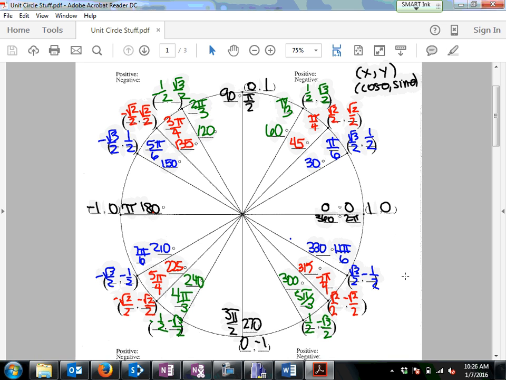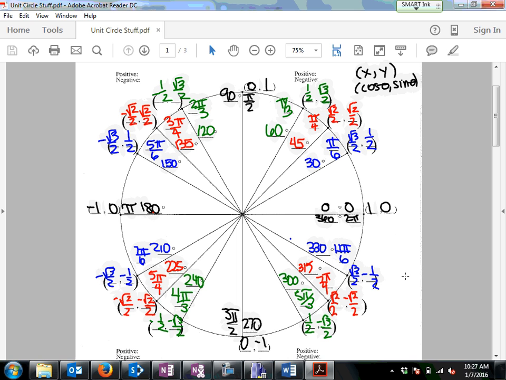Okay. The sine of 11 pi over 6. Ryan, how do we find it? Negative 1/2, because at 11 pi over 6, the y coordinate is negative 1/2.